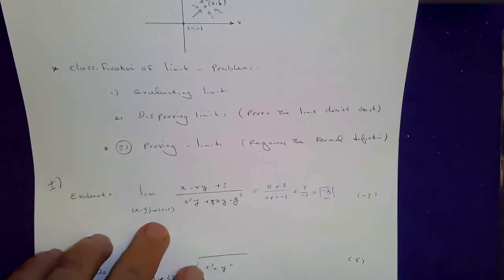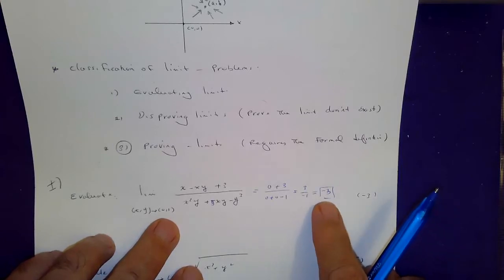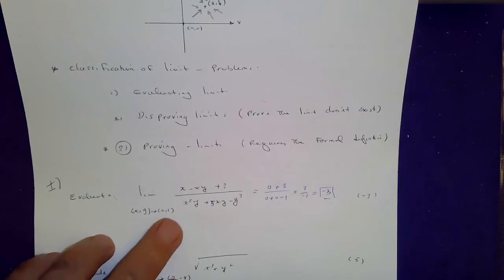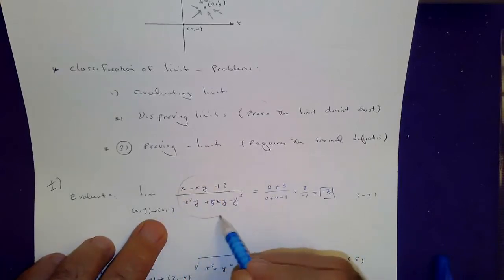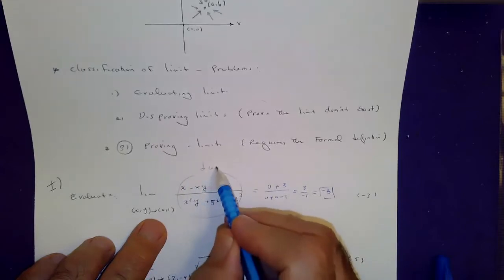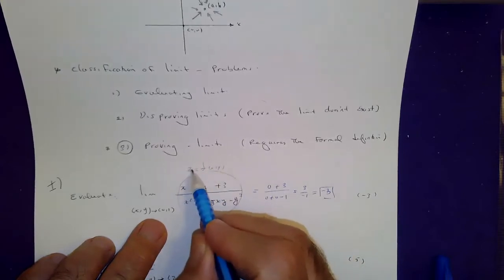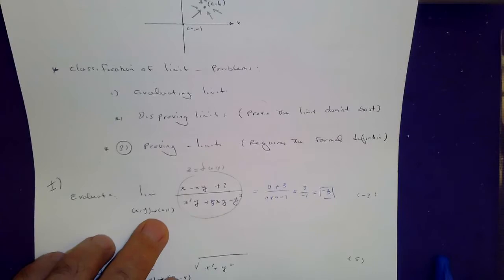What does that mean? That means as x y gets closer and closer to 0, 1, your z gets close to negative 3. It just so happens this is your f of x y, which is exactly the same as z.